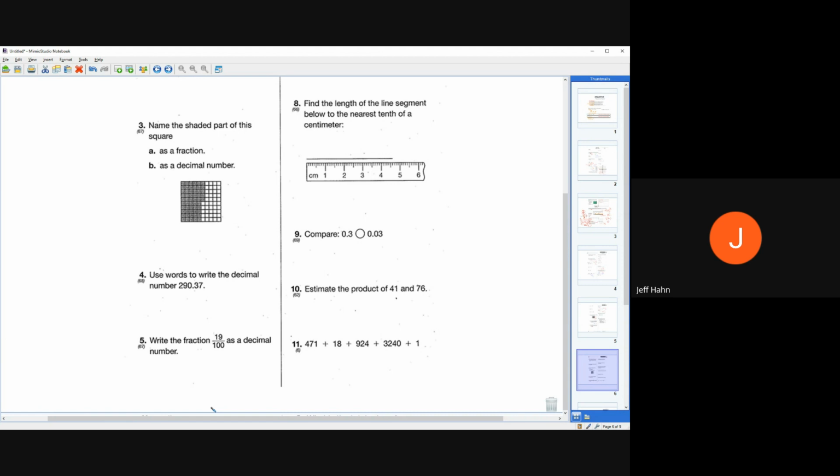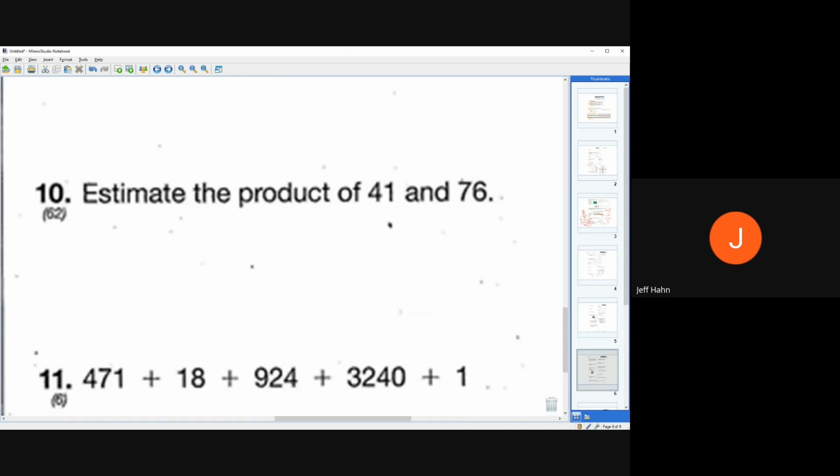You just have to be commonsensical here. When they ask you to estimate, it should be something you can kind of do in your head. I would not pick 75 as an easy number to work with. For number 10, I'm multiplying 40 times a number close to 80. So 4 times 8 is 32, so it's 3,200.